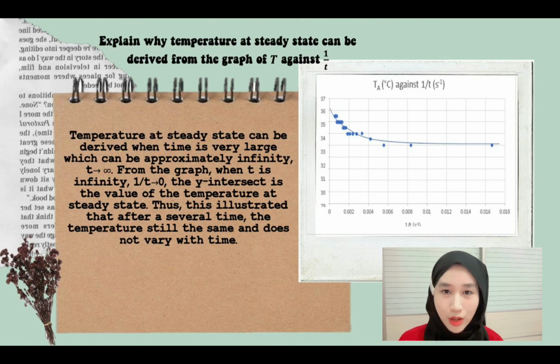So from the graph, when t is infinity, 1 over t approaches 0. The y-intercept is the value of the temperature at steady state. Thus, this illustrates that after some time, the temperature is still the same and does not vary with time.